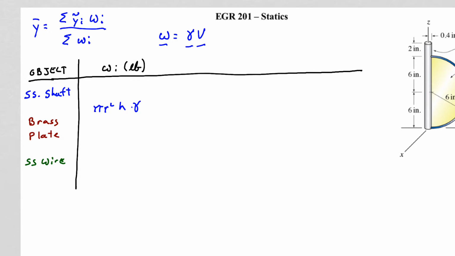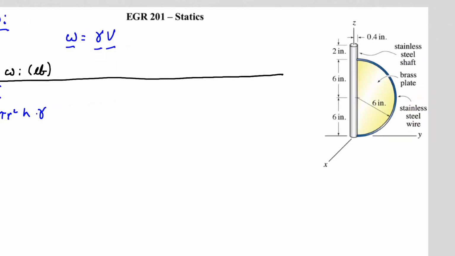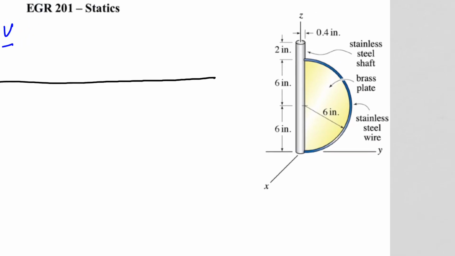To find it for the stainless steel shaft, we need the volume, right? And volume for a cylinder is pi r squared h times, then again, the density. So that's the formula we're going to use. R was given, if you look over here, as 0.4 inches.